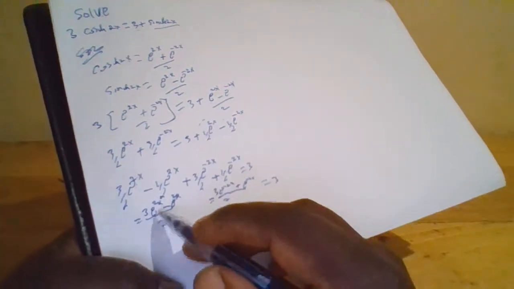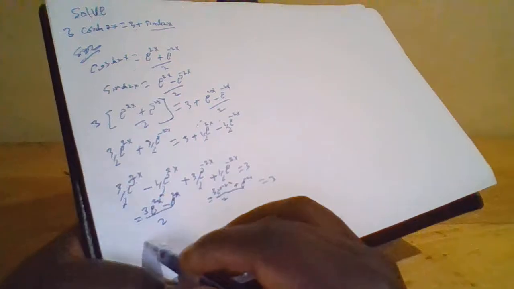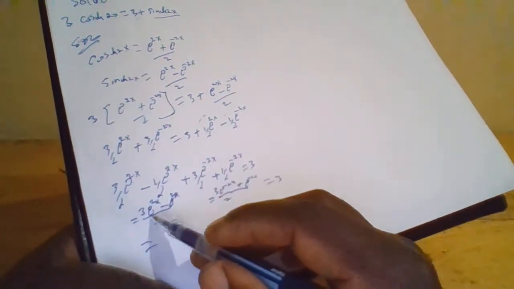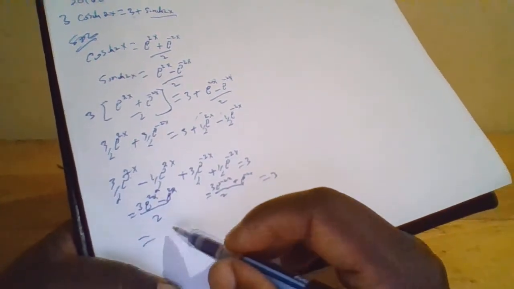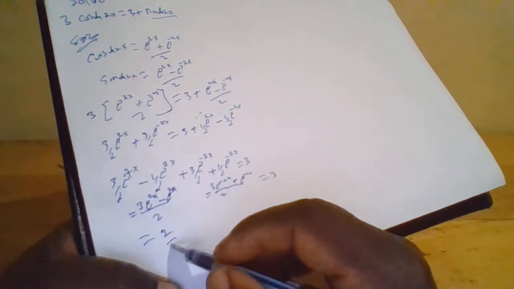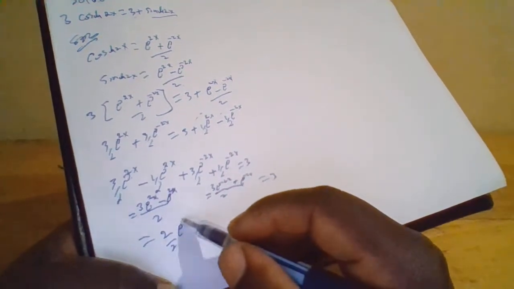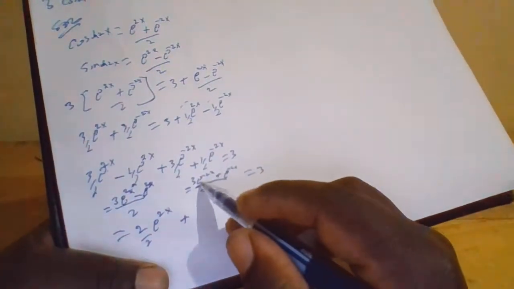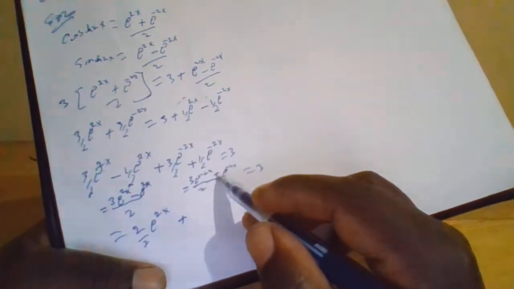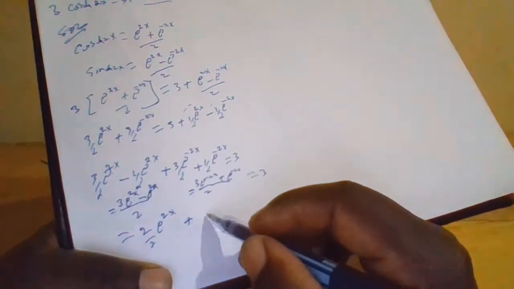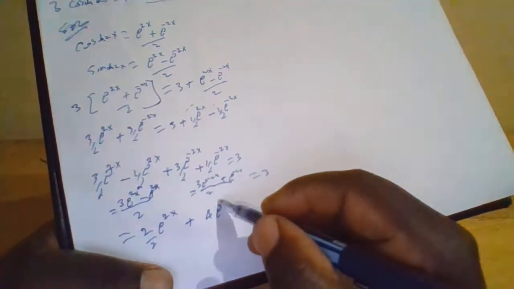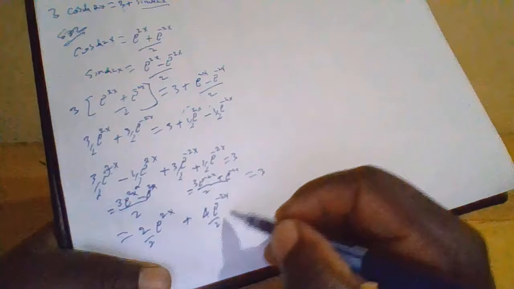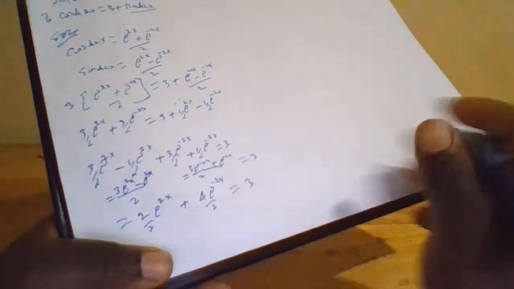So here we have 3e^(2x) minus e^(2x), which remains with the 2 over 2 e^(2x), plus 3e^(-2x) plus e^(-2x). We have 4e^(-2x) all over 2 equals 3.